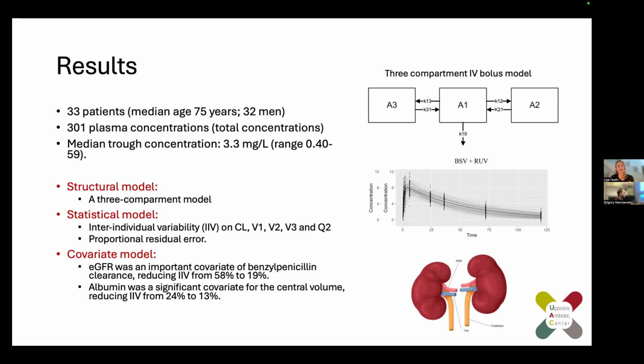This is nice, but kind of expected because benzyl penicillin is a hydrophilic drug, mainly eliminated by the kidneys. Albumin, the protein that binds the drug in plasma, was a significant covariate for the central volume and reduced the inter-individual variability from 24% to 13%.